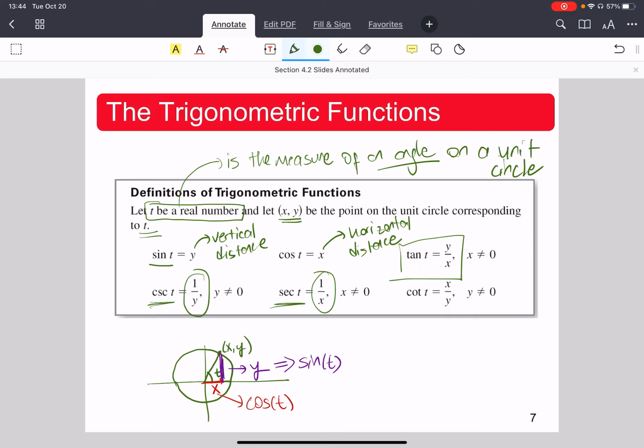And lastly, cotangent is x over y, the horizontal distance divided by the vertical distance. So all these functions are based on this definition. We're interested in all these 6 functions and what they do. In the future, we're going to be talking about their graphs, their domain and range, and all the cool features about these functions.